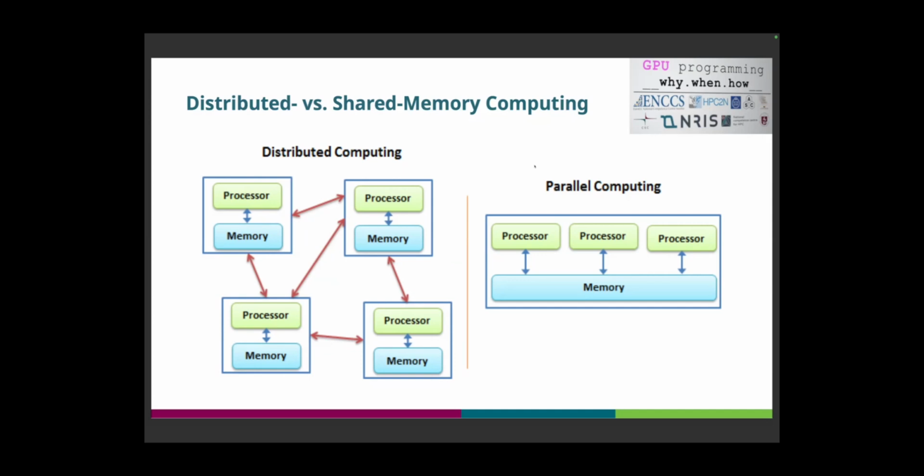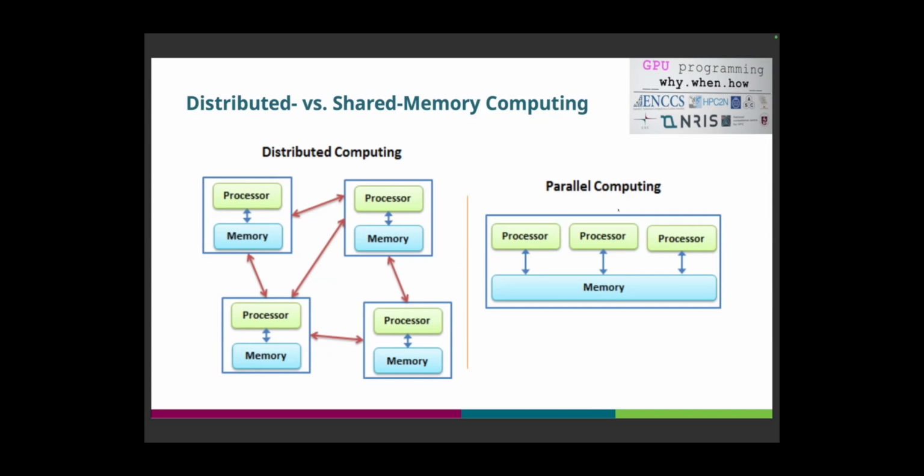We also have here, on the right, the so-called shared memory architectures, where all our processing units have access to the same memory. So the data that stays in this memory can be read and modified by all of these processors.